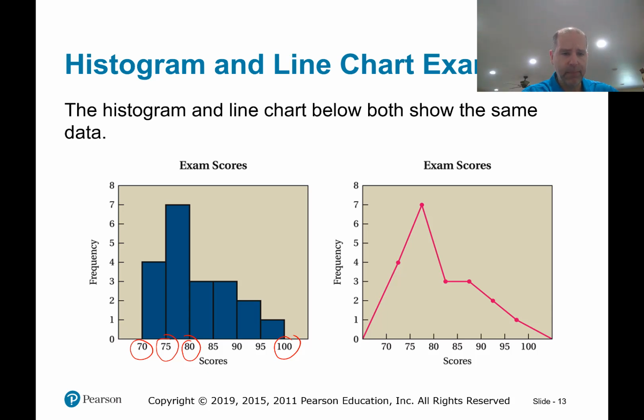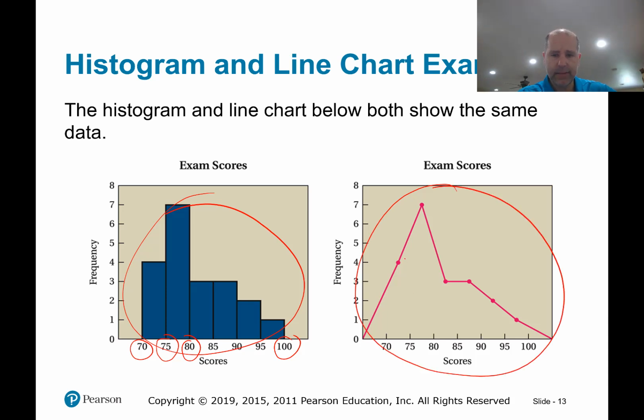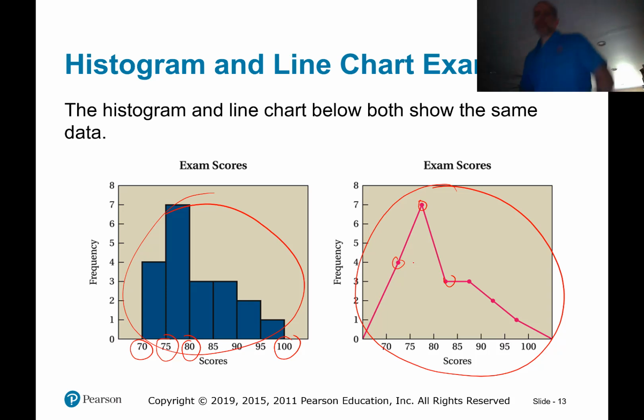So here's a histogram, and you can see the distribution there. But also, if you look at this, this is a line graph. Notice the dots are centered at the middle of each bin. This is actually called a frequency polygon.